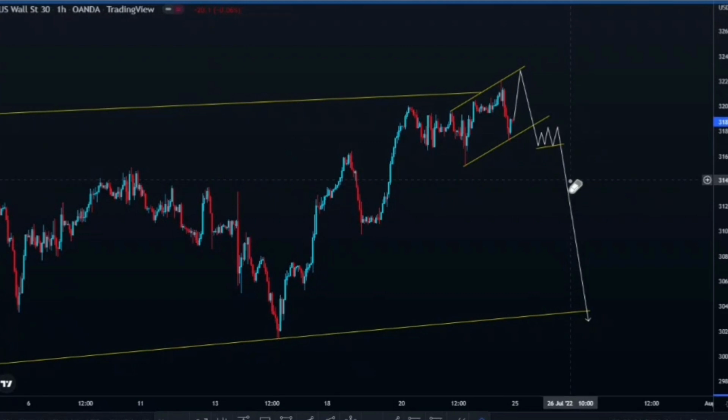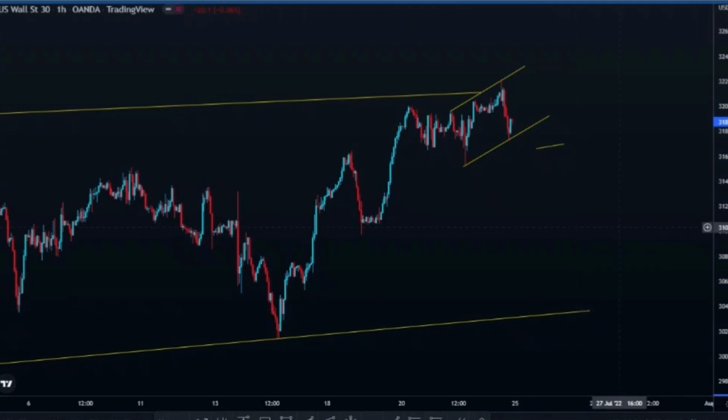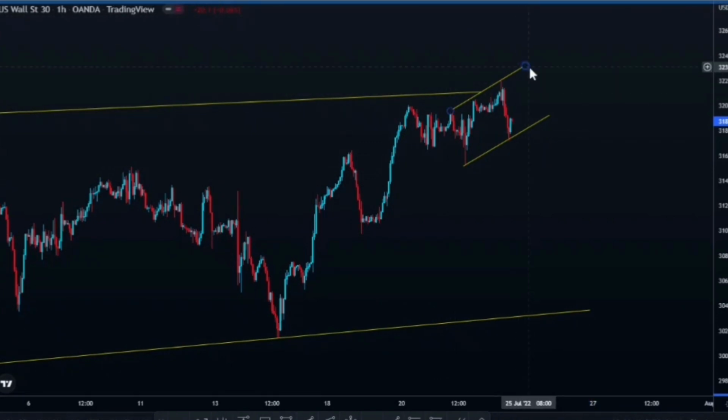So let me just hide the drawings, guys, so that I can remember what I focused on over there. So this is the first possible scenario that can happen over here. So what if we get the sales early? If I try to do this, let me show you. If I try to cater for these and make them small, what I'm gonna be looking for is some sort of continuation pattern over here, a very tight flag on the 1 hour.